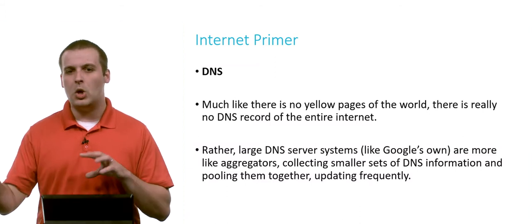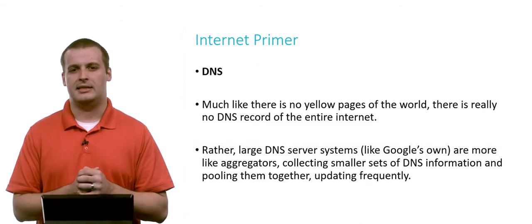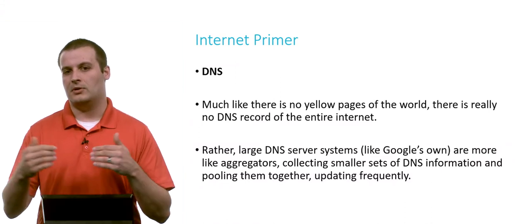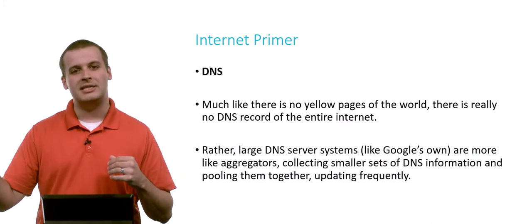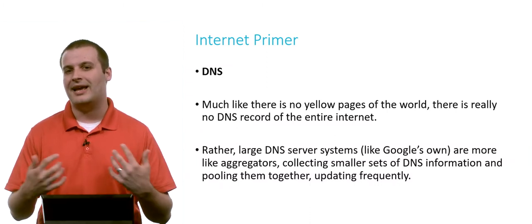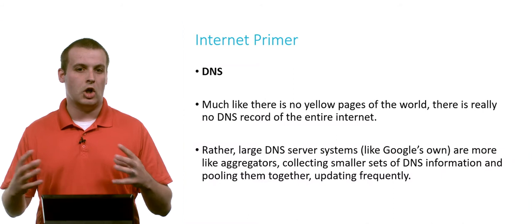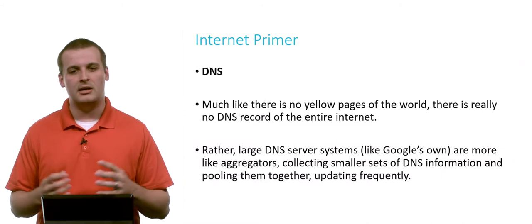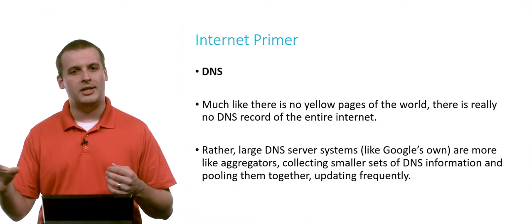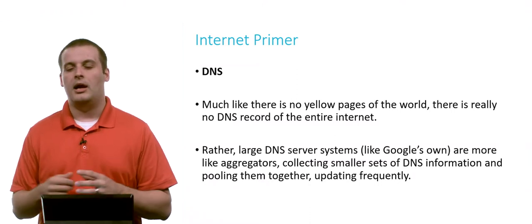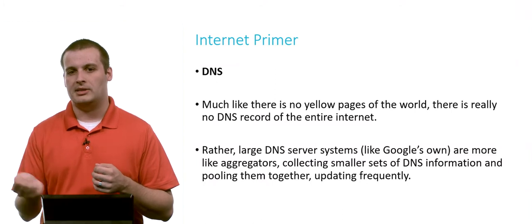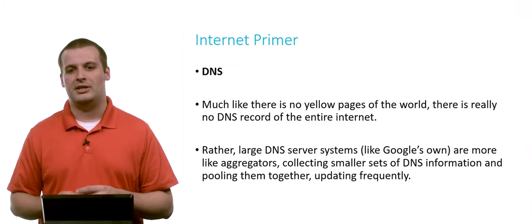There are all these local, small-scale DNSs that exist out there, and there are services that aggregate them together, but they depend on those smaller DNS systems updating their information so that they have the most accurate information. So again, this analogy is large aggregating DNS systems are like libraries that have a copy of every yellow pages of the world. They don't themselves update those books. They depend on the books coming in so they can update the information if they need it.